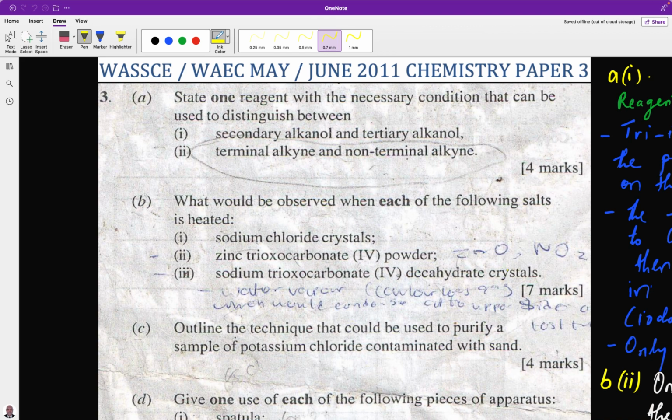You don't need to state that in the exam. So the second one is A2. State one reagent with the necessary condition that can be used to distinguish between terminal alkyne and non-terminal alkyne.